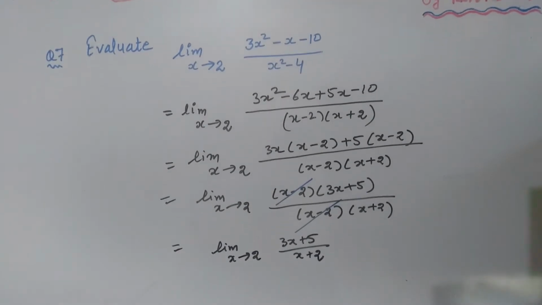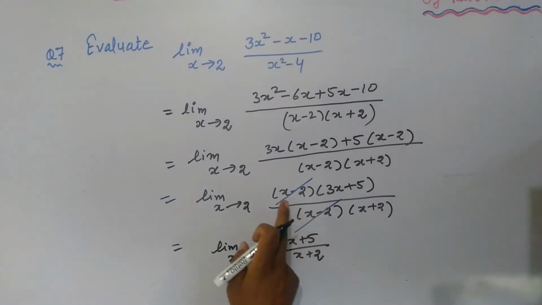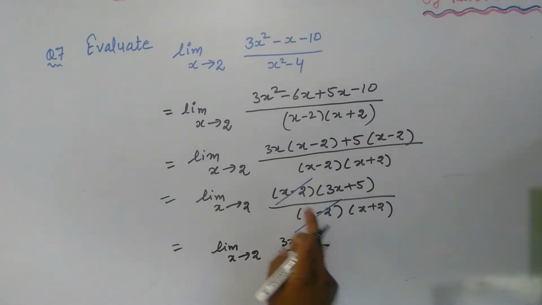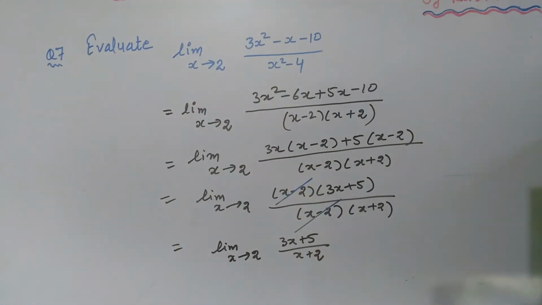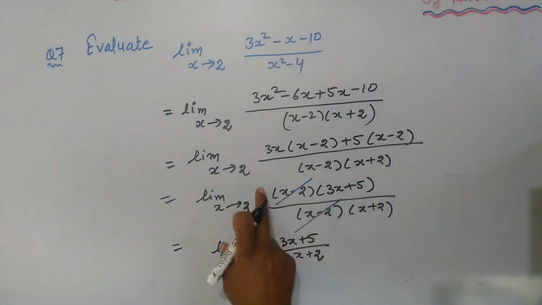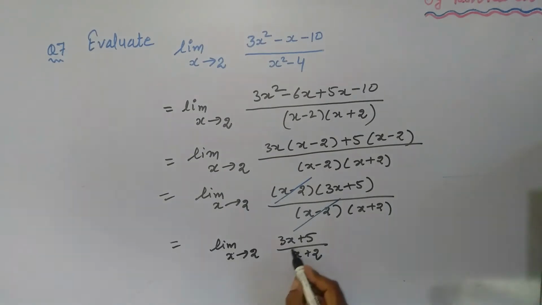So the factor x minus 2 was the reason making this function into 0 upon 0 form.